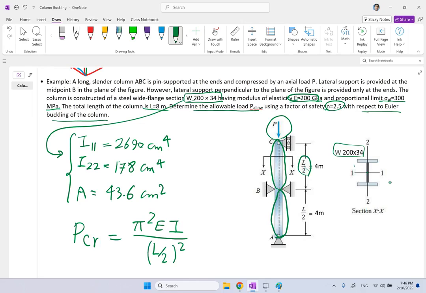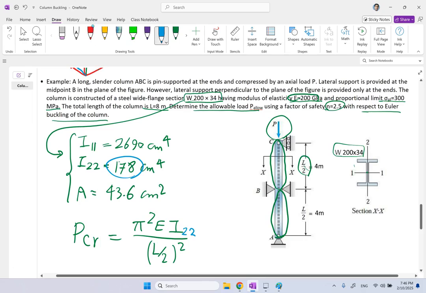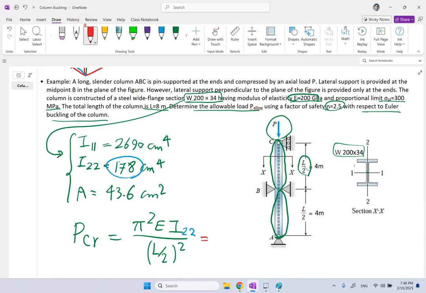As I said, that makes your critical load 4 times bigger. The question is which I will go there. Always the smaller one determines everything, so this is going to be I22. Do I have all the numbers now? Yes, I have E, I22, and L. So from here, I should be able to calculate my P critical to be 220 kilonewton.